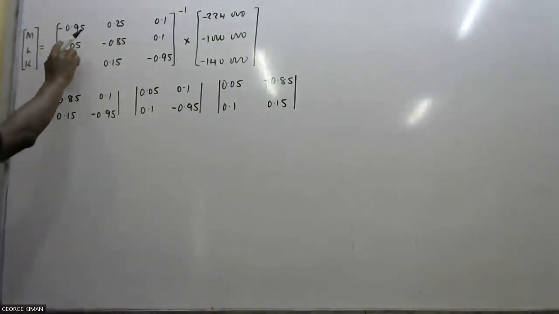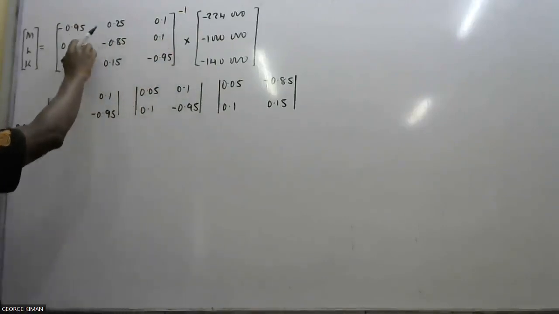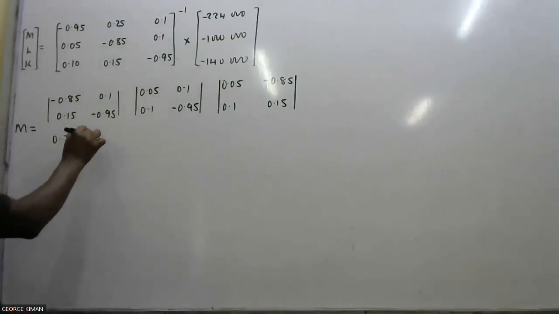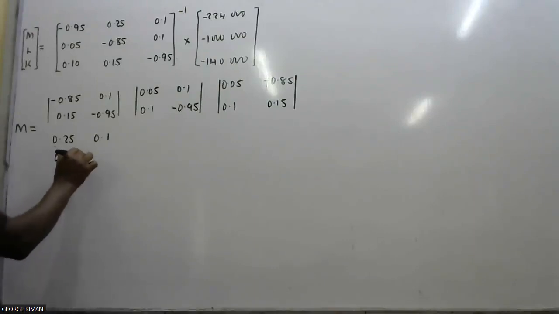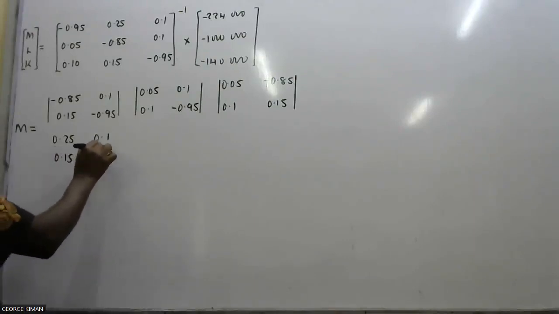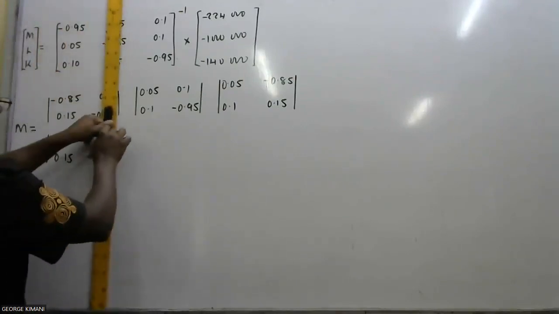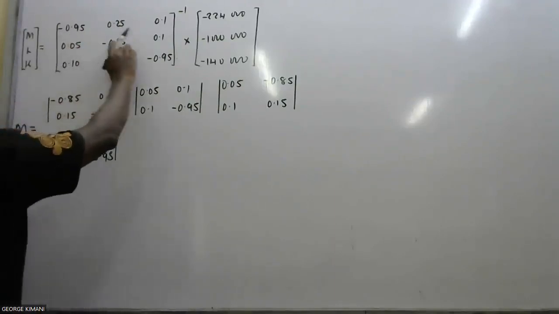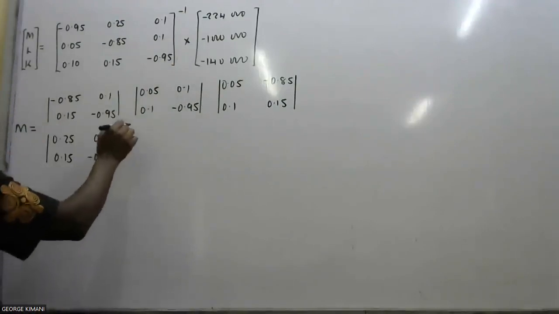Haya, kuja kwa hii tunafunga second row, first column. Tunaachwa na 0.25 and 0.1. And then 0.15 and minus 0.95. Kuja hapa, tunafunga second row, second column.